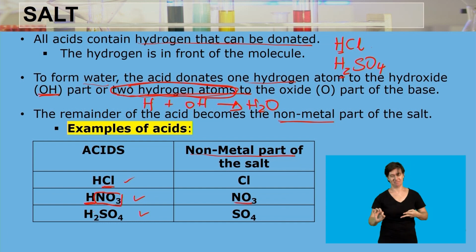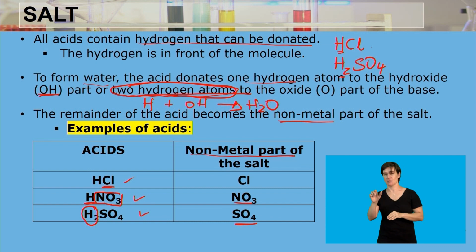And lastly, the two hydrogens of H2SO4 can be donated when it reacts with a metal oxide, and then the remainder becomes the non-metal part of the salt. It's also worth noting that sulfuric acid can also react with the metal hydroxide.